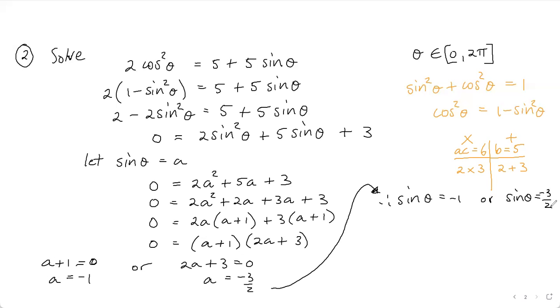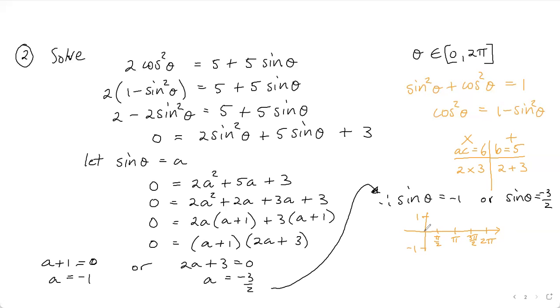Now have a look at this solution here. Just recall that your graph of sine theta looks like this. The basic one is going up to 2 pi. And we have pi on 2 and 3 pi on 2 there. Goes up to 1, down to -1.